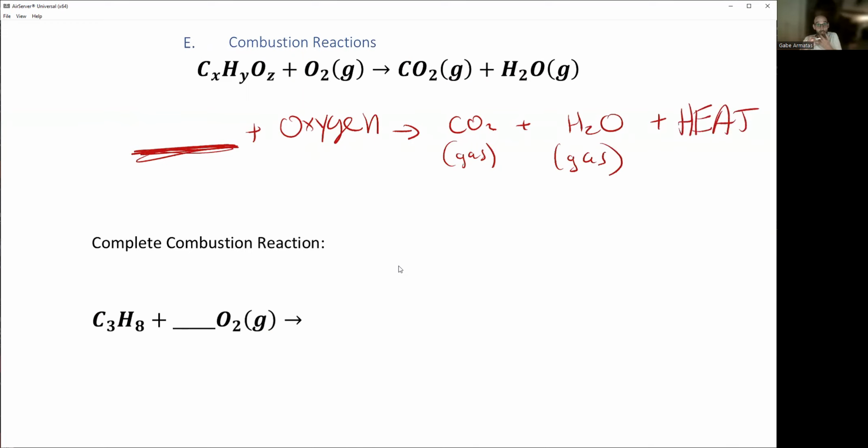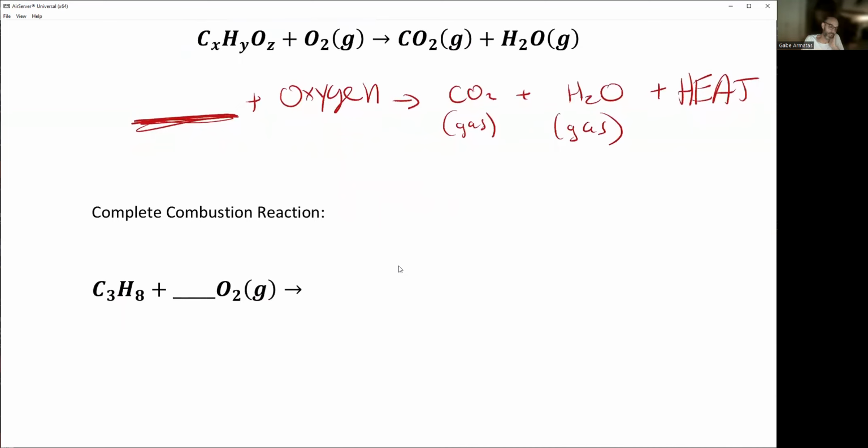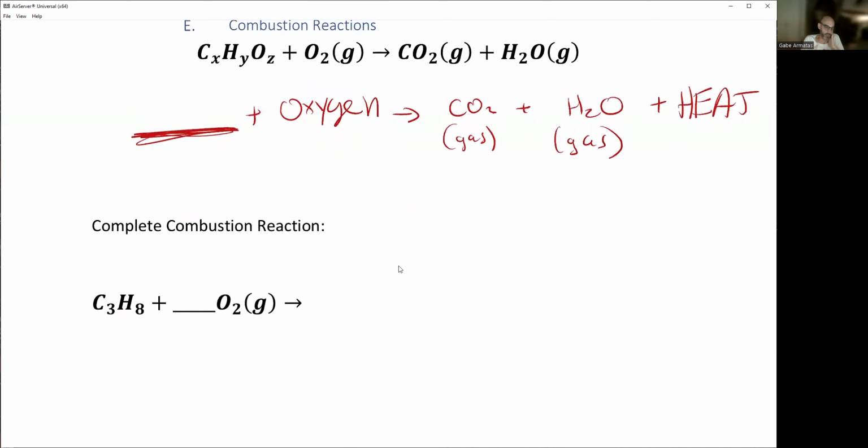By the way, this releases a hell of a lot of heat, right? Any combustion reaction like the one we saw in lab, or you will see in lab, has a lot of energy that it releases. So breaking those bonds and forming those bonds, we're not going to get into that much. So there's two types of combustion. The very simple version is combining together with oxygen, a complete combustion reaction.